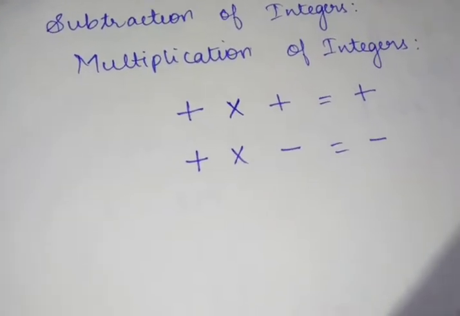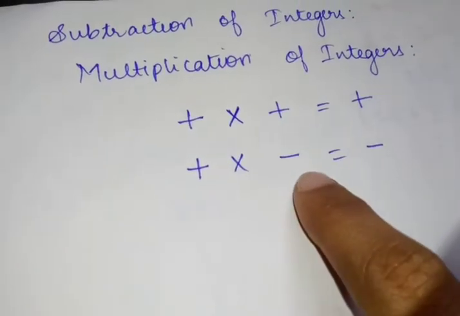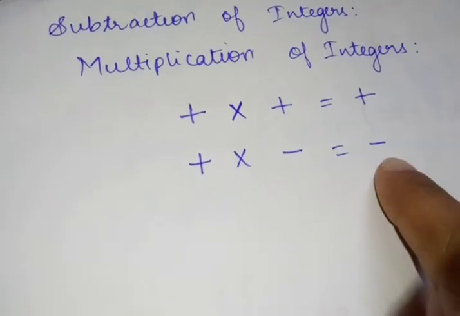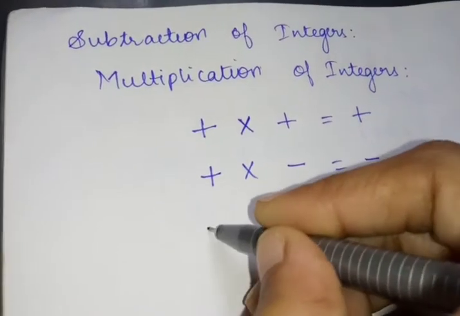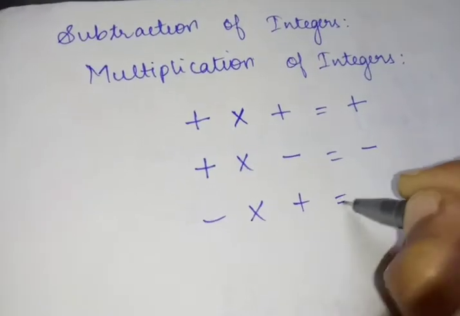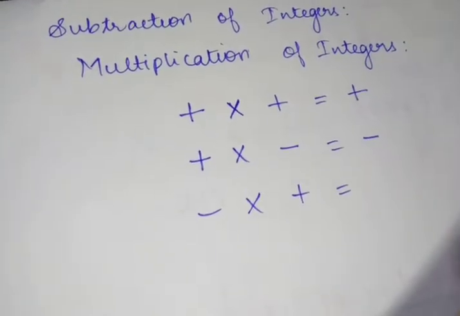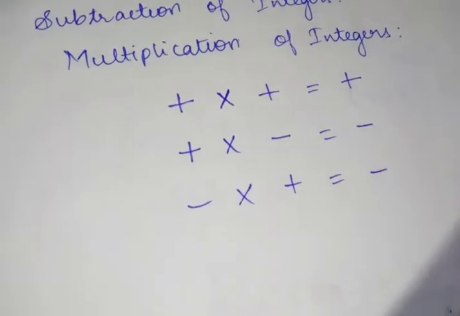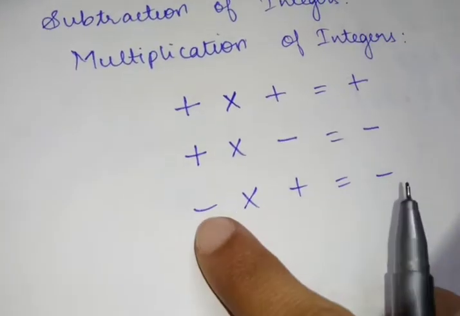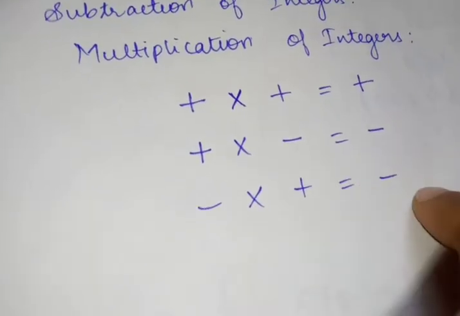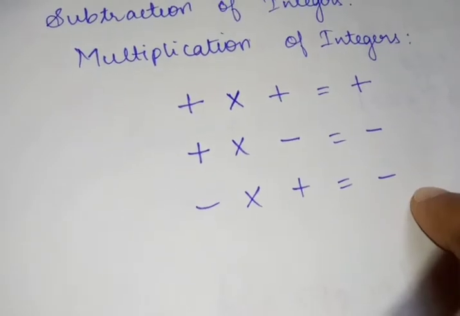Next, when I multiply a negative and a positive integer, my answer will be a negative integer.